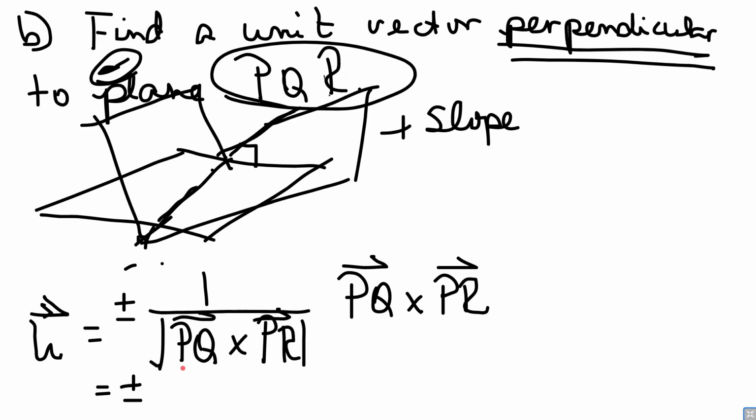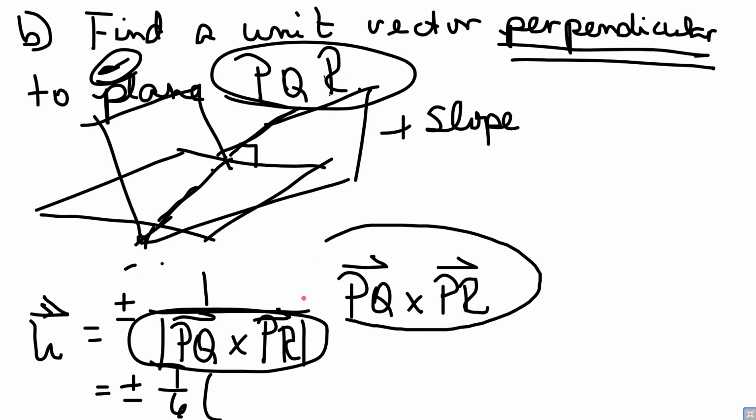All right, we already calculated the magnitude of PQ cross PR. So what is that equal to? And be careful. So what is that magnitude equal to? Yes, it is 6. So we're going to have 1/6 times. Now, we've already found the vector PQ cross PR.